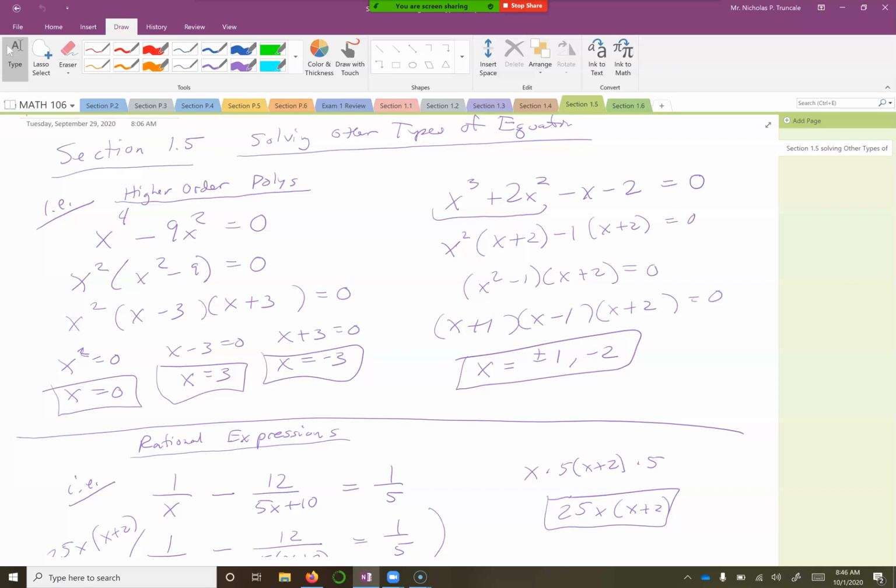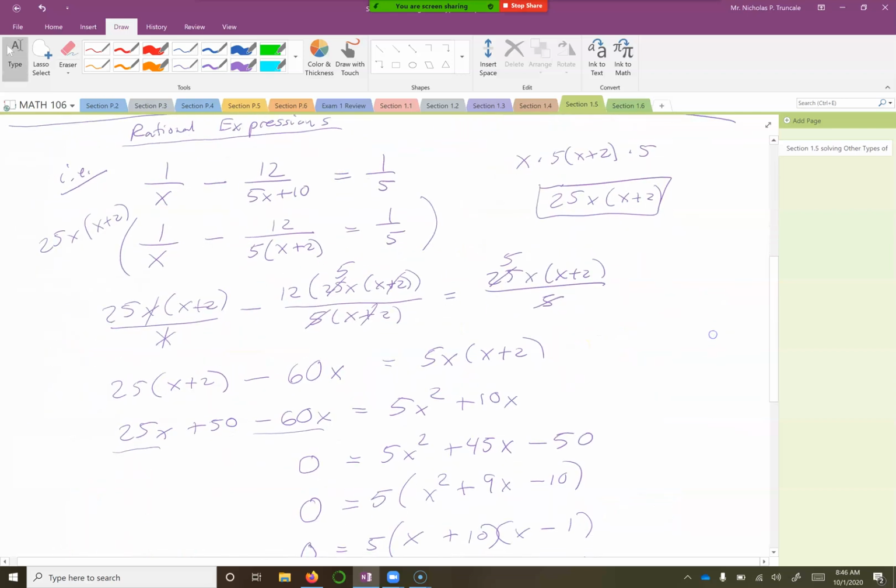The first type we went over were higher order polynomials. Essentially, you just have to factor the heck out of them. You factor them, boom, and check to make sure of whatever degree the polynomial is. For example, in this one, we had degree 3. We should probably expect 3 answers, and we do, -2 plus or minus 1, we're all set. So they're really not too difficult.